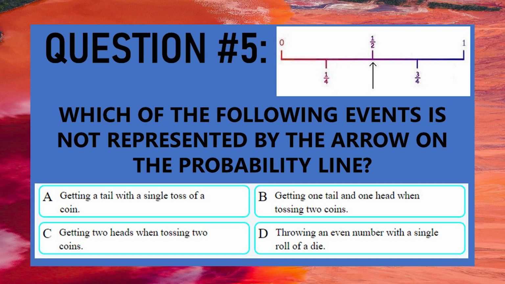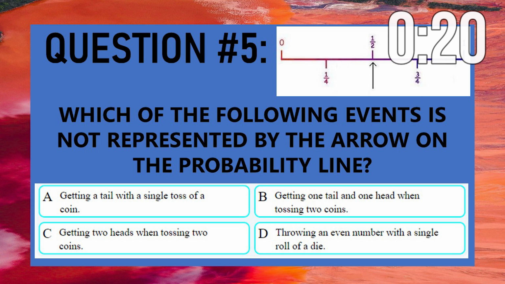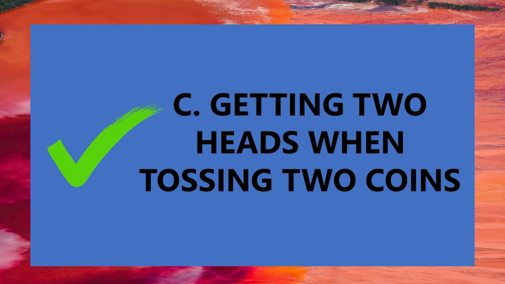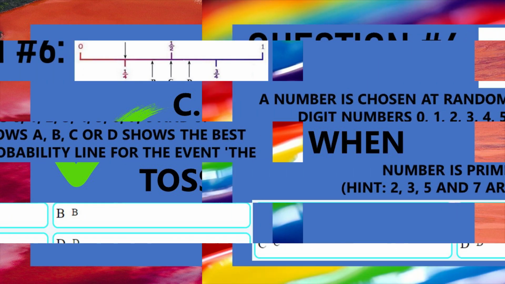Or letter D, throwing an even number with a single roll of a dice. And the correct answer is letter C, getting two heads when tossing two coins.